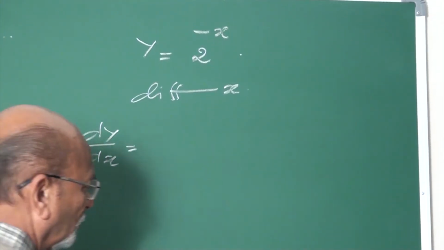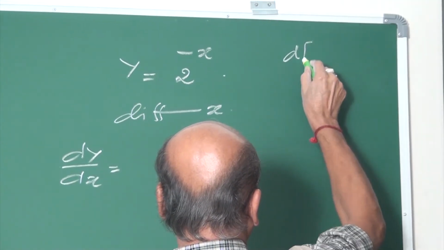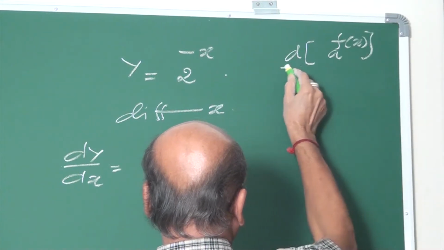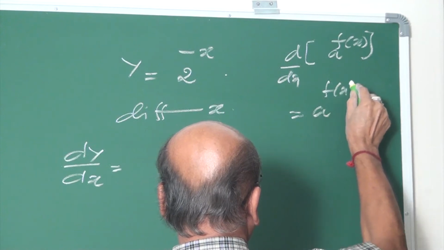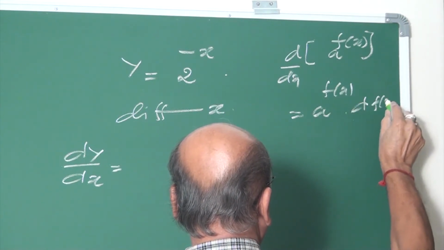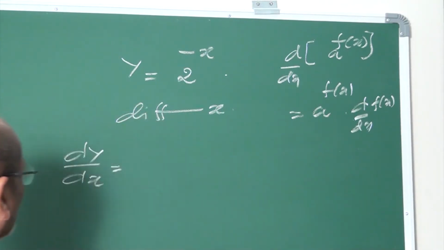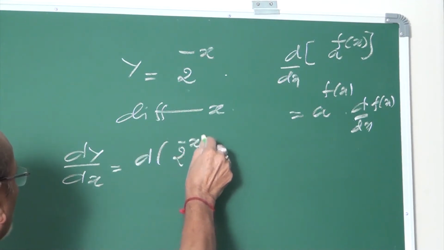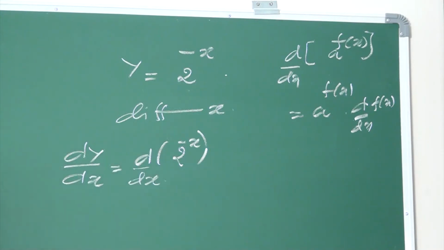Friends, the formula: derivative of e to the power f(x) is as it is, e to the power f(x), into the derivative of f(x). Here it is the derivative of 2 to the power minus x with respect to x.